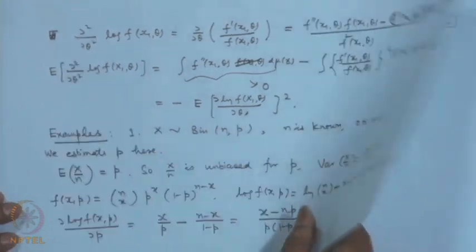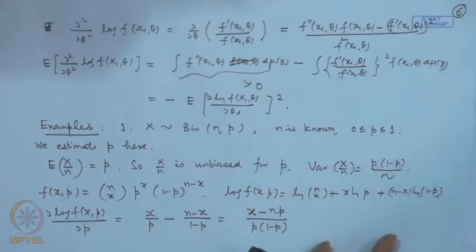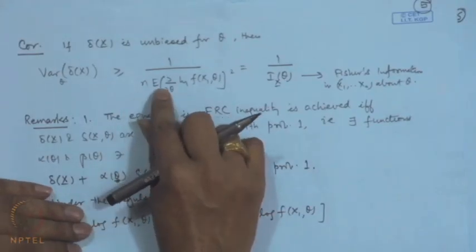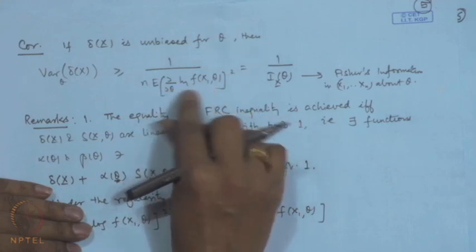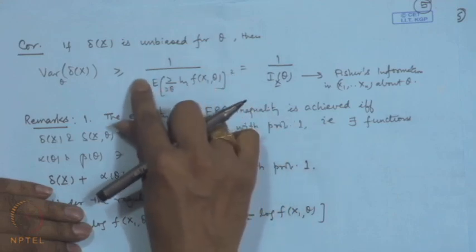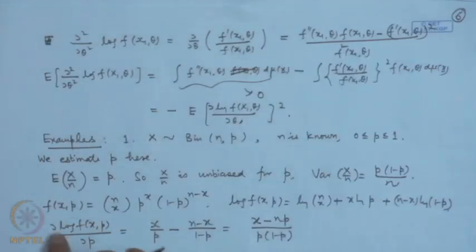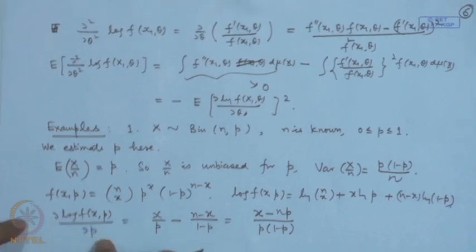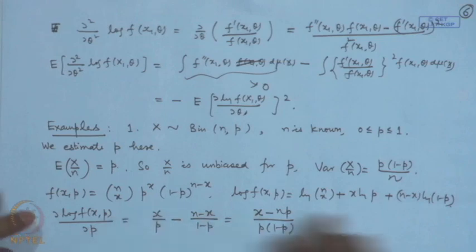So, in order to apply the lower bound, we calculate the information, and the information term is equal to n times the expectation of del by del theta log f(x, theta) whole square. Since in this case we have only one observation, n will not be there, we simply calculate this. So, we have already evaluated the derivative del log f(x, p) by del p. Now, we square it and then take the expectation.